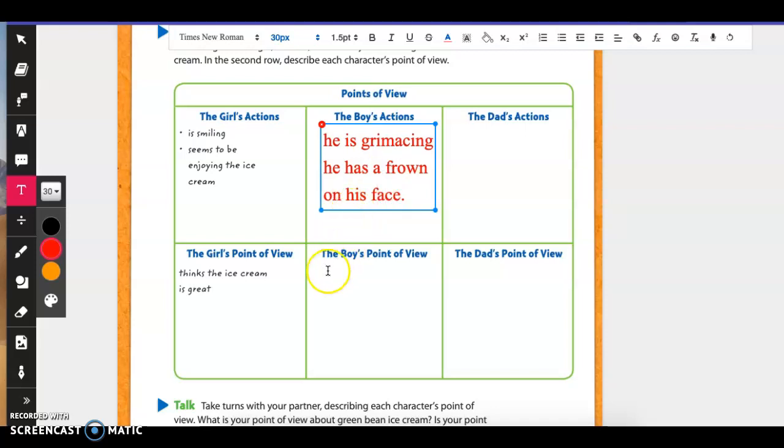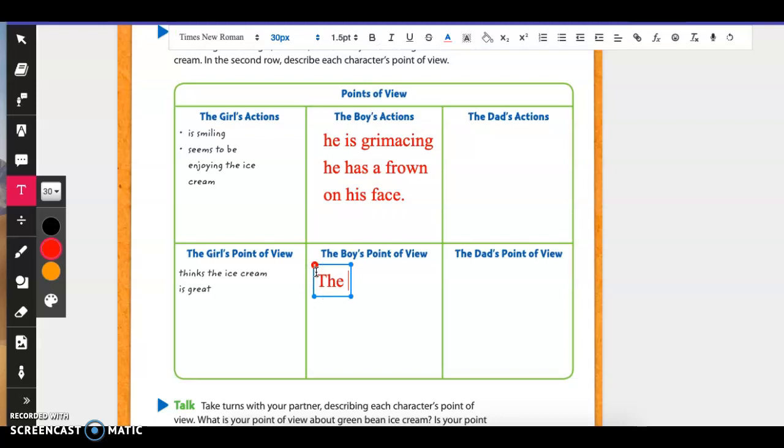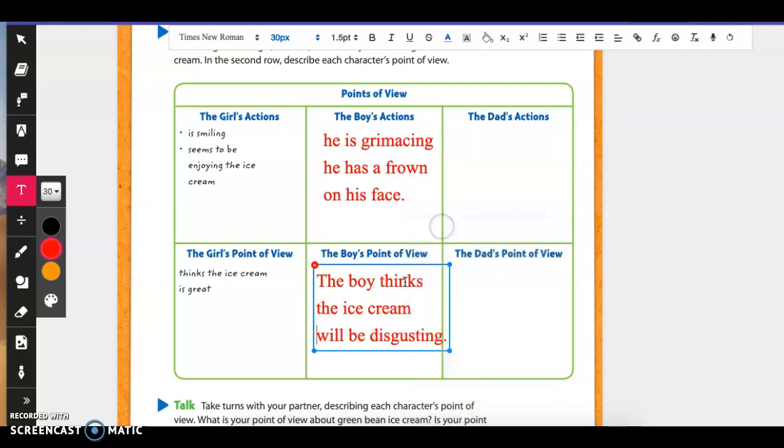So we can tell from those things what he thinks about the ice cream. The boy thinks the ice cream will be disgusting. I know I didn't spell that right. So disgusting. There we go.